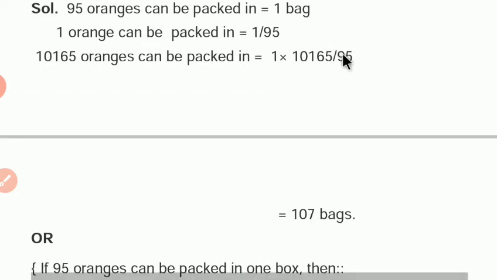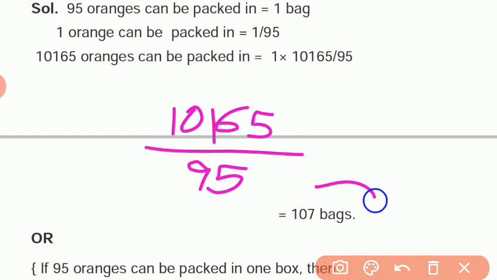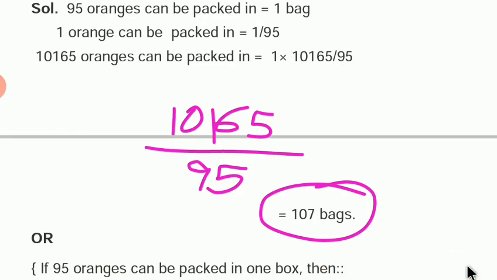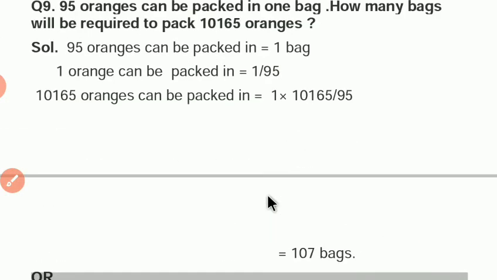And if we divide this, we'll get the answer as 107. You can see 10,165 divided by 95 gives 107 bags. It means 10,165 oranges can be packed in 107 bags.